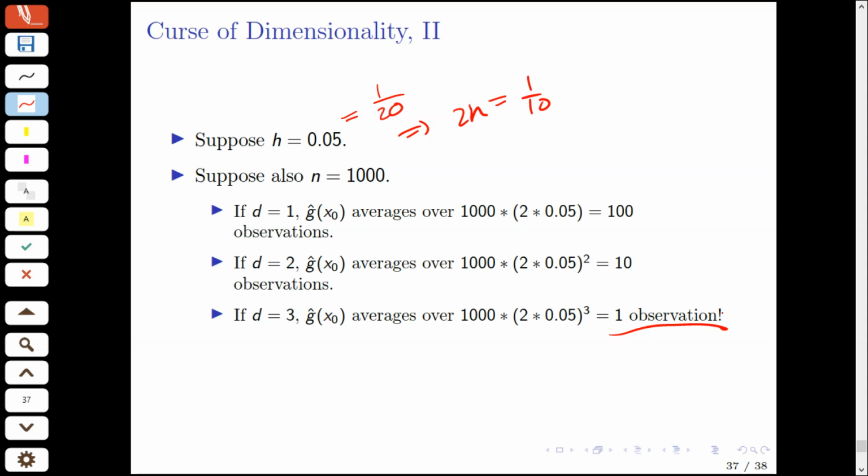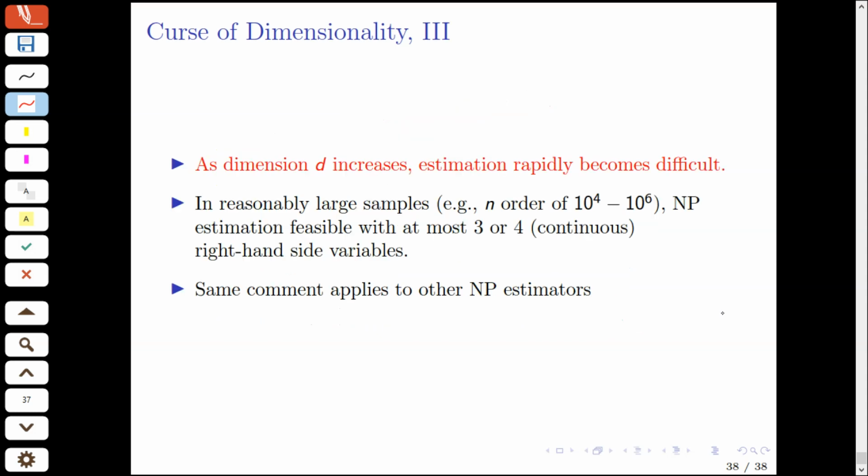So clearly this procedure has challenges. A general statement here is that as the dimension, that is the length of the conditioning variable d, increases, estimation using kernel methods rapidly becomes difficult.